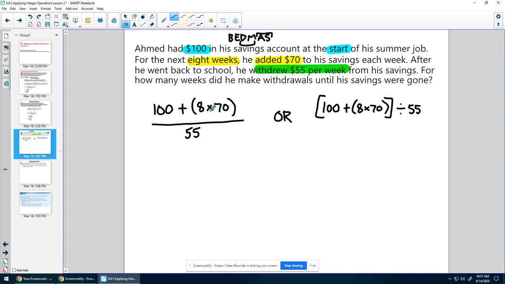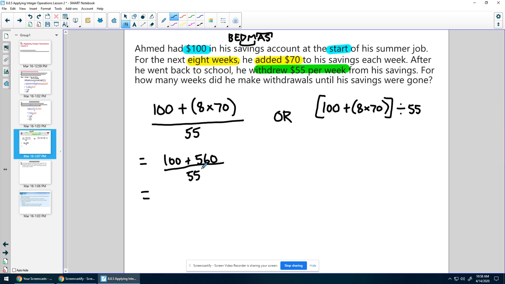Step 1, brackets. So we have 8 times 70, big number. Simplify this. 8 times 7 is 56. Add your 0. And we're going to drop down the rest of our information.